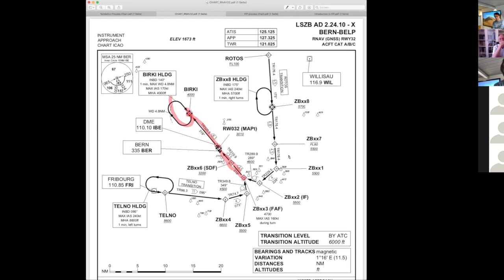What's not common is the intermediate on both sides, which is 30 degrees offset, and then the initial, which is this part. On both transitions, you have an initial approach fix, and then you have an initial approach until here. From the ROTOS transition, you have an initial approach from here, on the Telmo transition, and then you have two intermediate approaches, and then you have a common final approach and a common missed approach.